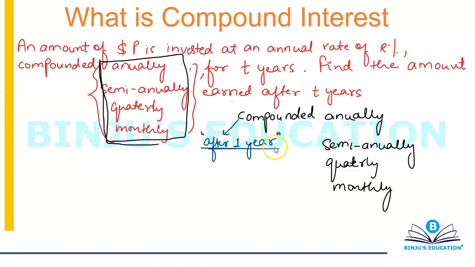In other words, you will receive yearly interest. If your money is being compounded annually, that means you will receive yearly interest.